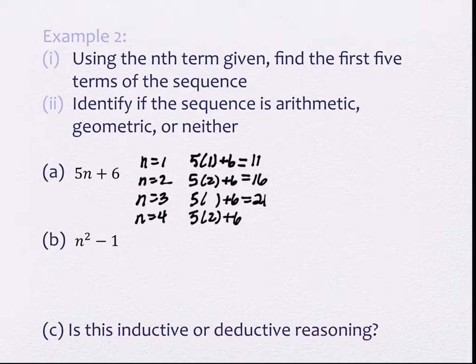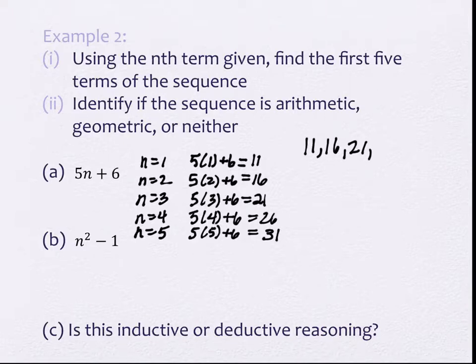I've written that 2 again. Why did I do that? 3, 4. 26. And then the last one, n equal to 5. 31. You are adding 5. You're right. So my sequence is 11, 16, 21, 26, 31.